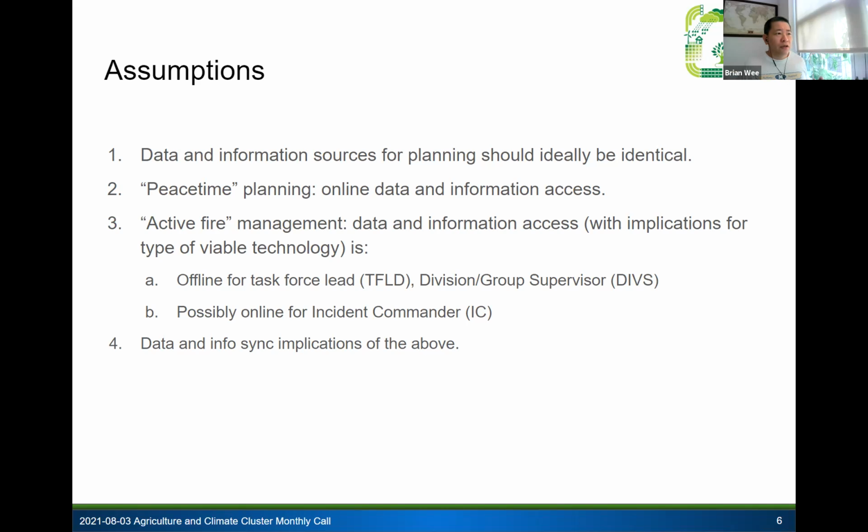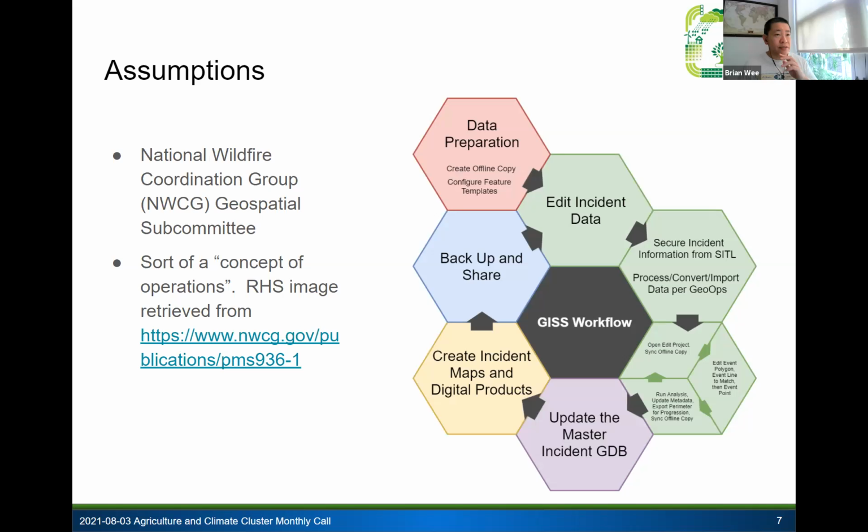very cool. And actually, to that point, my next slide speaks to that, because I grabbed this visual from the National Wildfire Coordination Group, where this is a very high-level generic workflow.